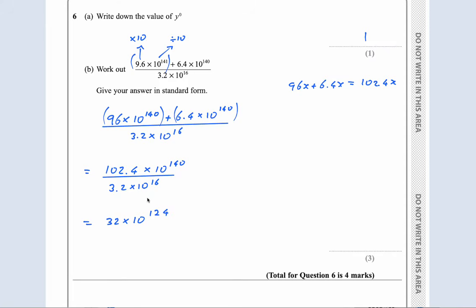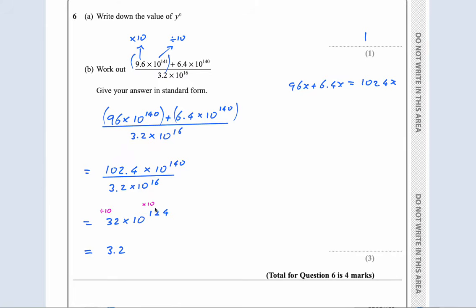Okay, I'm nearly finished, but he wants my answer in standard form, and that's not standard form because 32 is not a number between 1 and 10. So I have to change this to 3.2. But again, a bit like I did here, I'm going to do it the other way around. Now I'm going to divide this by 10, and I'm going to multiply this by 10.